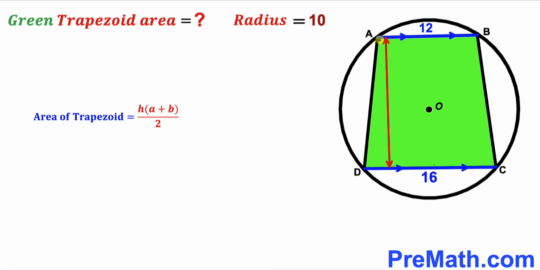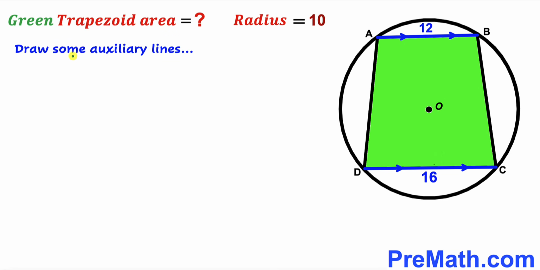In our case, this base is a, this base is b, and this is our height h. We can see our a value is 12 and b value is 16, so our task is to find the height h before we can calculate the area of this green shaded trapezoid.